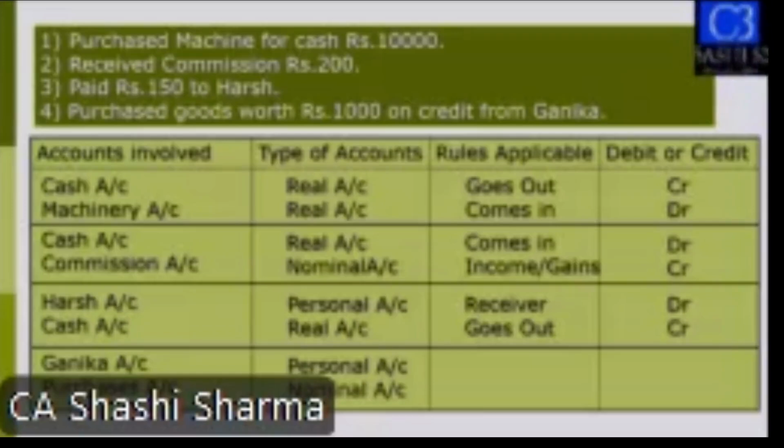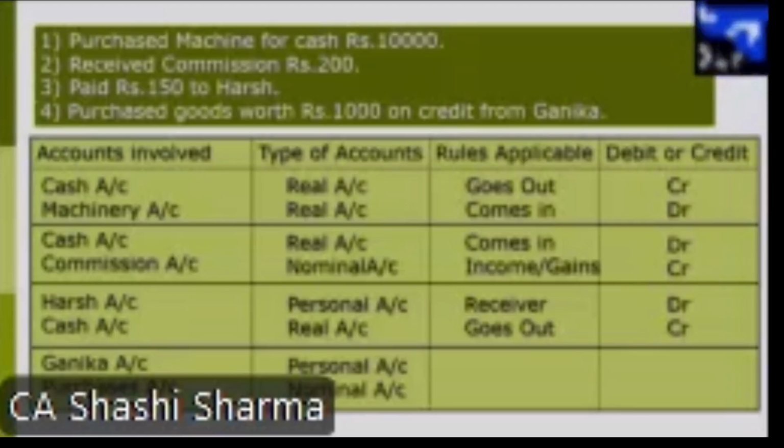If you say purchase is a nominal account, then it is an expense, it will be debited. And if you think about this purchase by way of goods, then goods are real things, and when you are purchasing goods, the real things are coming into your business. Then in that case also, purchases will be debited.